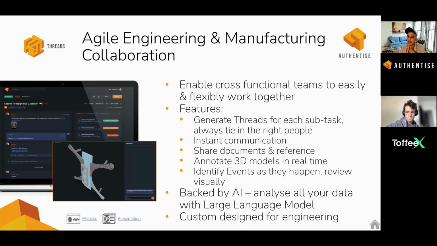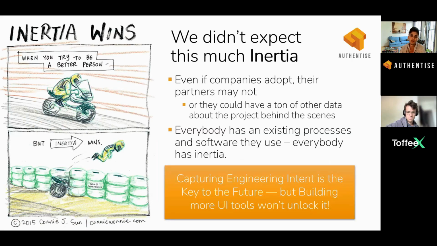But the reality is that most people will never use a new tool like that because they already have a form of collaboration. So they're not going to change their method of working just to capture all that intent. There's an inertia around that change.